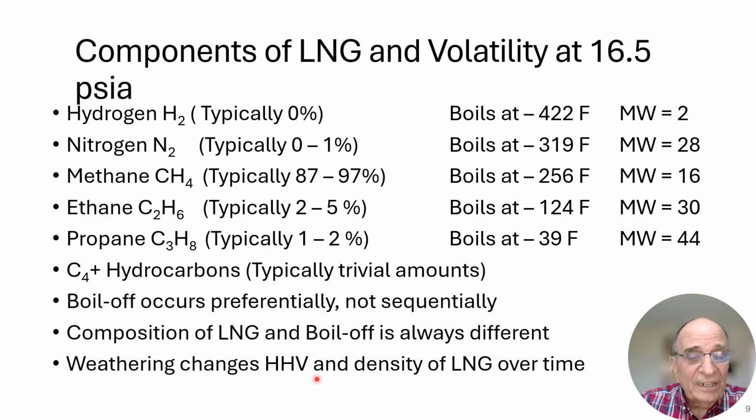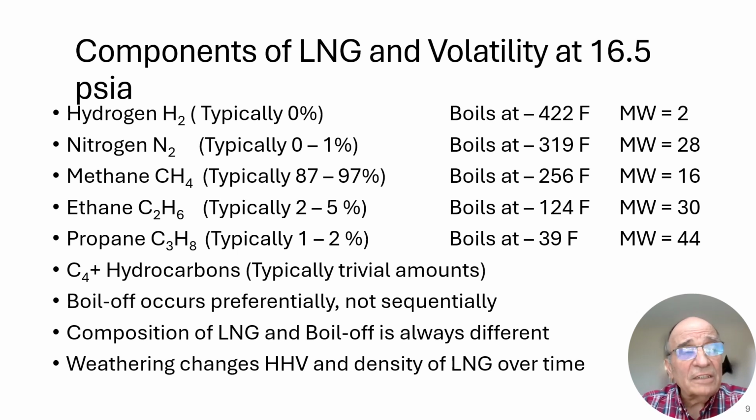Weathering changes the higher heating value and the density of the LNG over time. And what weathering means is that over a period of time, the LNG weathers, meaning it gets rid of or outgasses its highest volatility components more rapidly than the low volatility components.